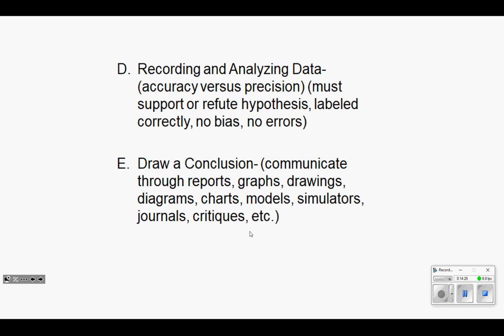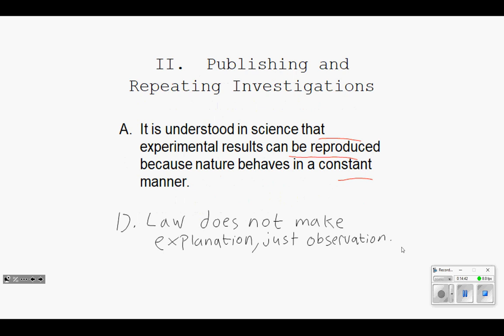Speaking of which, draw a conclusion, and then when you do, that's communicating and reporting it. And there are various different ways you can conclude those and report those. Then you want to be able to publish those, put those into your lab notebook, or put those into an article.